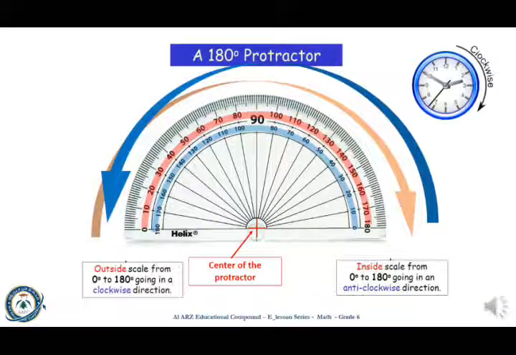And we have another set of measurements, the inside or inner scale, also from 0 to 180, but going in an anti-clockwise direction, in the opposite direction. This point here, the intersection point of all the lines, is called the center of the protractor.